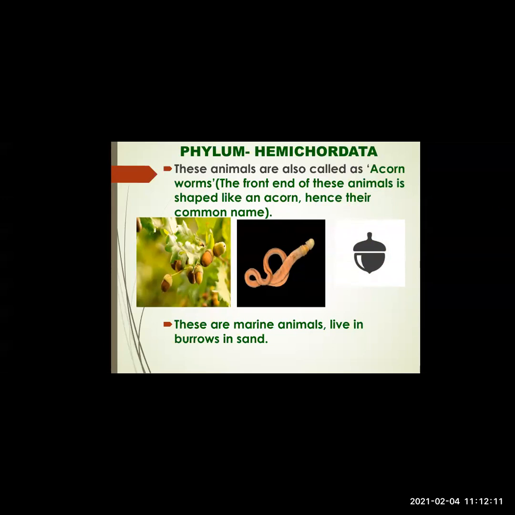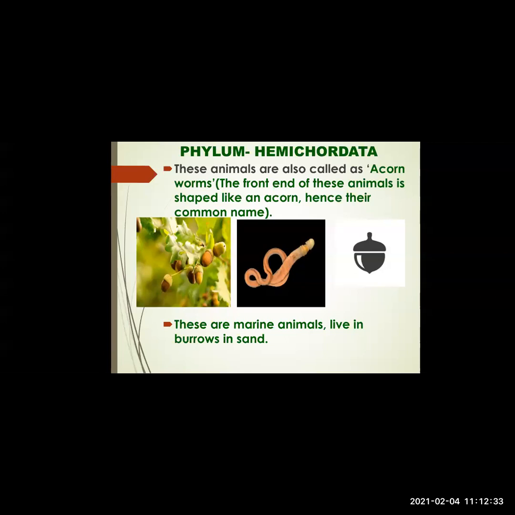Now another characteristic. These animals are marine animals. They are found in oceans, saline water, and they live in burrows in sand. They are found in very shallow waters. They live in sand by burrowing.